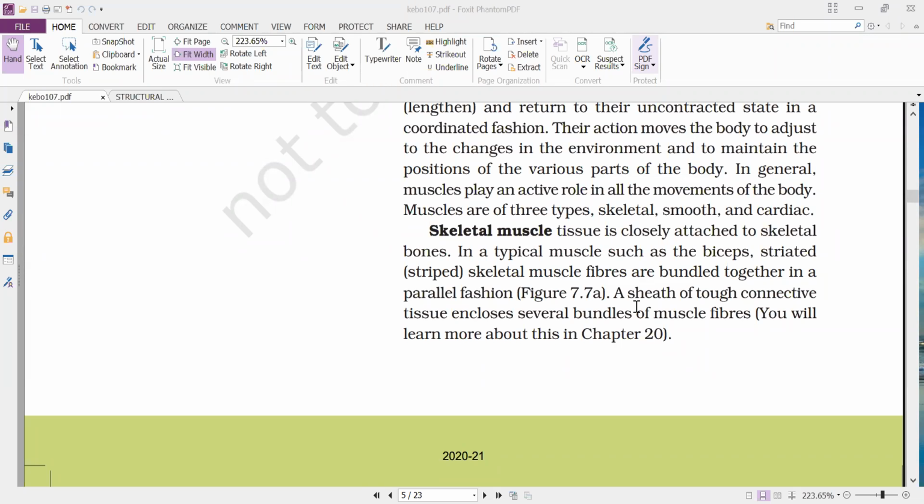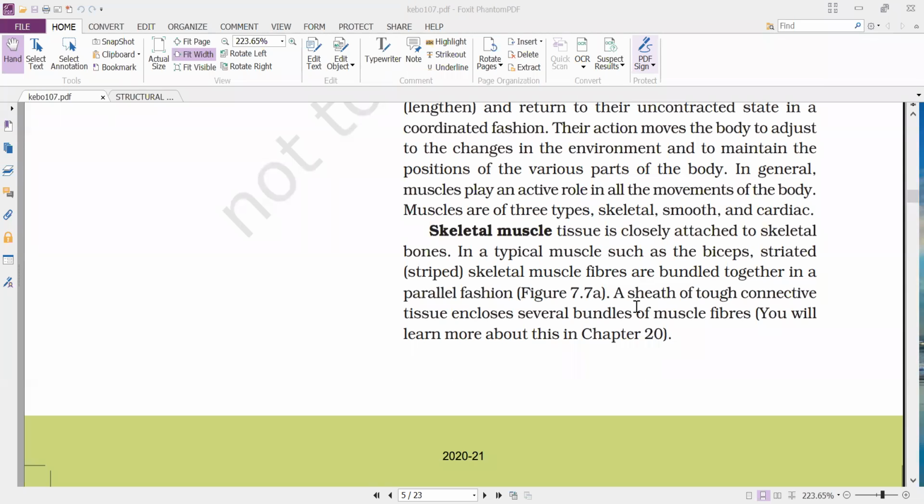We'll discuss the structure of this skeletal muscle, the muscle fiber and muscle fibril, in detail while we are discussing locomotion.